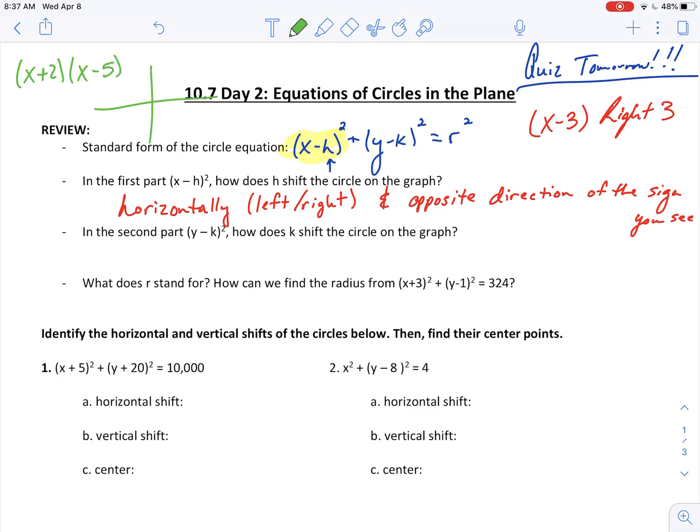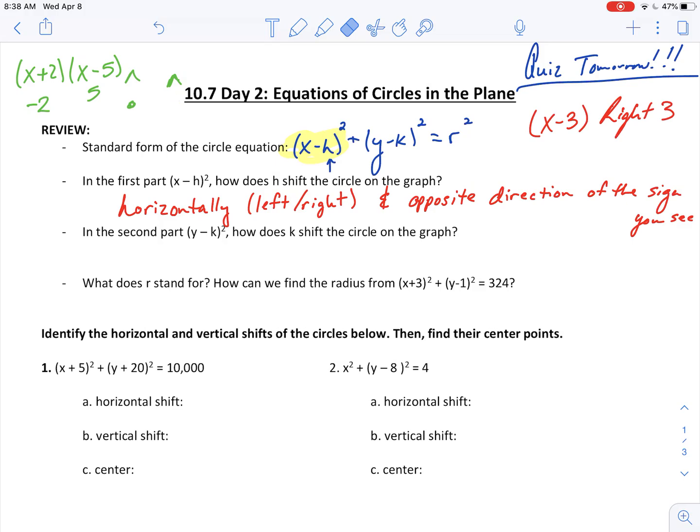One way to remember this is it's kind of like our quadratic functions. When we solved, it was x plus 2, maybe x minus 5 for our parabola. And there's our graph, kind of from Algebra 1.